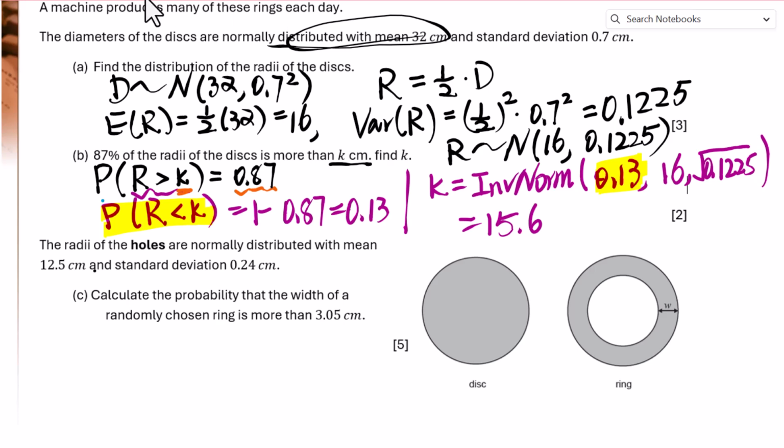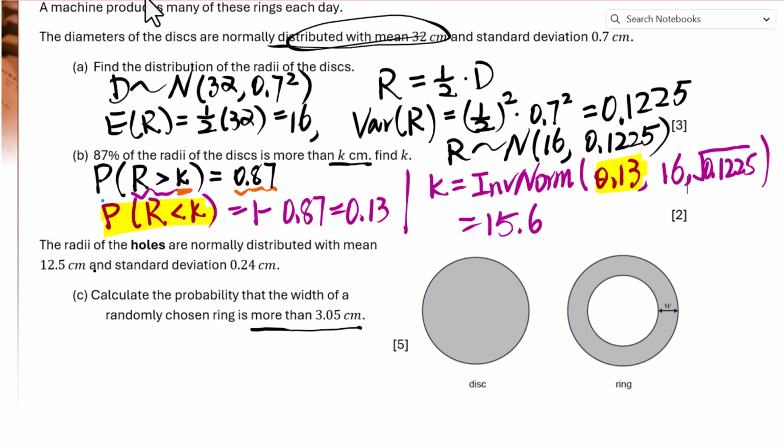The radii of the holes are normally distributed with the mean 12.5 centimeters and a standard deviation 0.24 centimeters. Calculate the probability that the width of a randomly chosen ring is more than 3.05 centimeters.